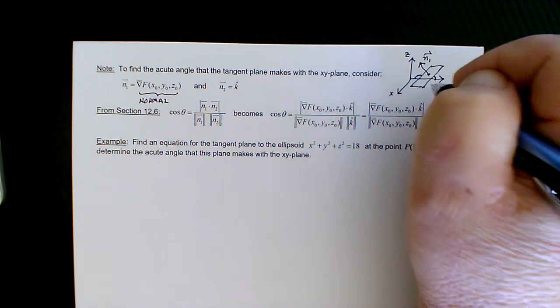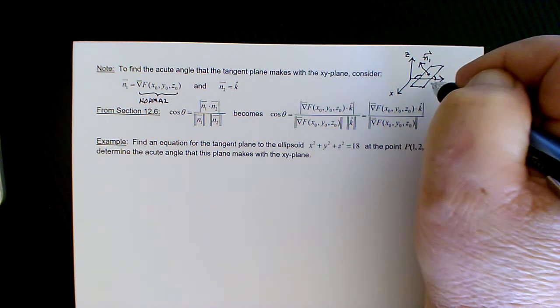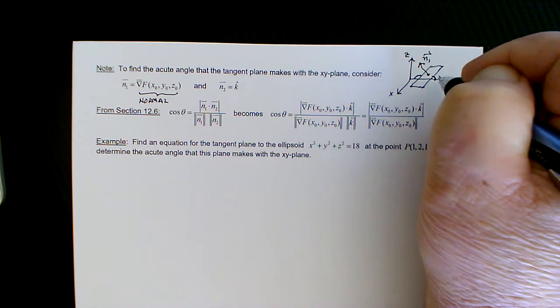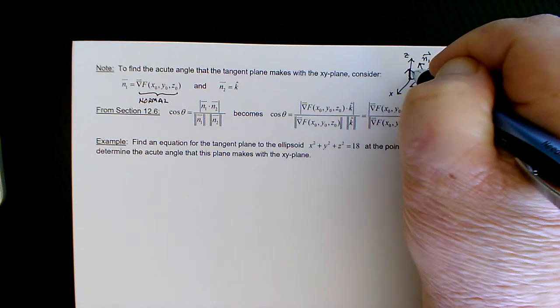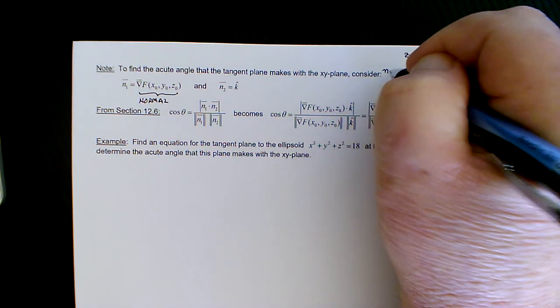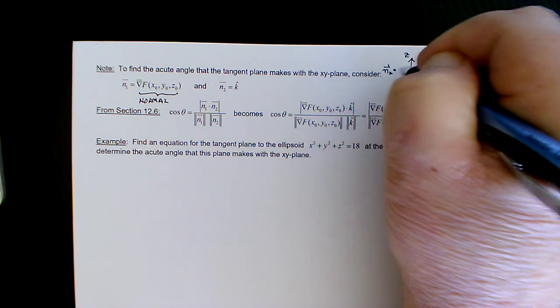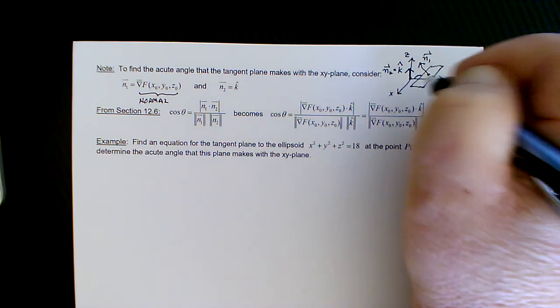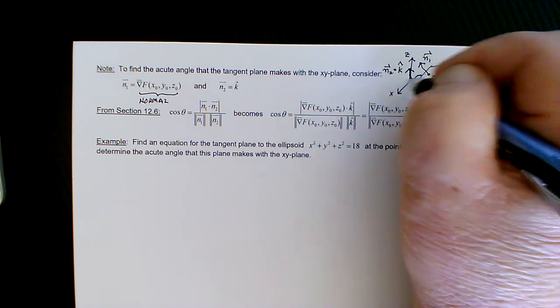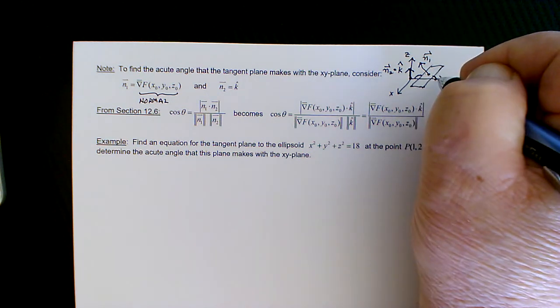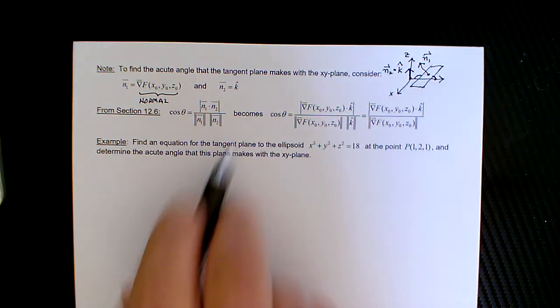Well, if we're looking for the angle that it makes with the xy plane, we'd have to consider this to be N2. That is the unit vector k, because then that would give us these two vectors, and finding the angle between them would give us that acute angle.